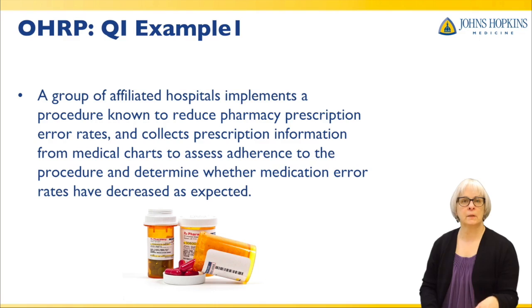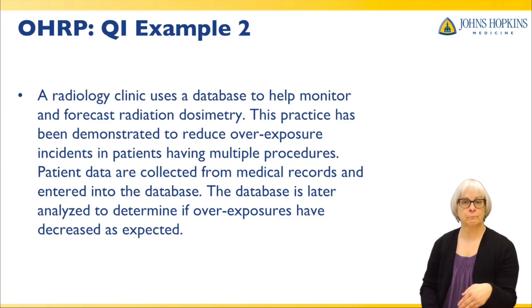This is where those PDSA cycles come in. I think it helps to make it clearer that when you're assessing adherence, that's where you may need to make modifications or adaptations to your method of implementation to achieve the desired result.